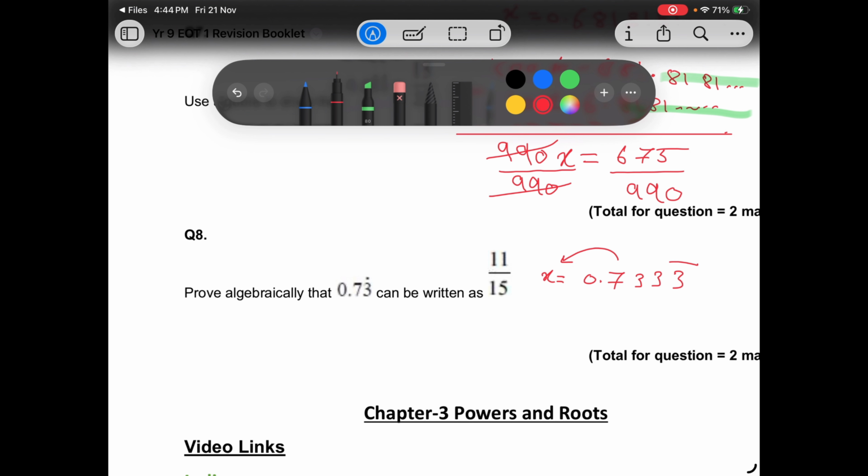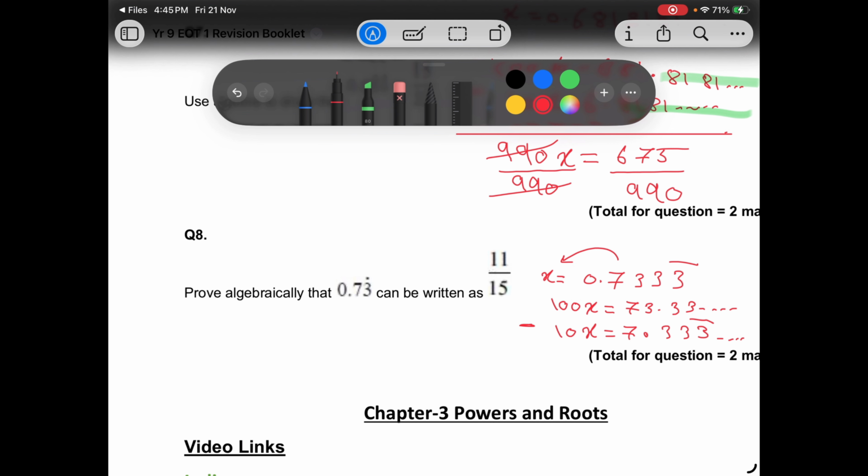So look at this, 10x equals 7.333. Okay. Secondly, I need to free these two guys. So I will multiply x by 100. So it will be like this, 100x equals 73.33 for the rest of life.